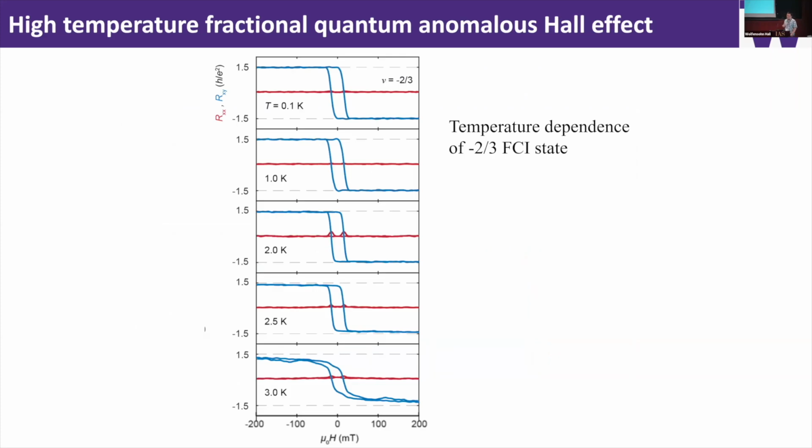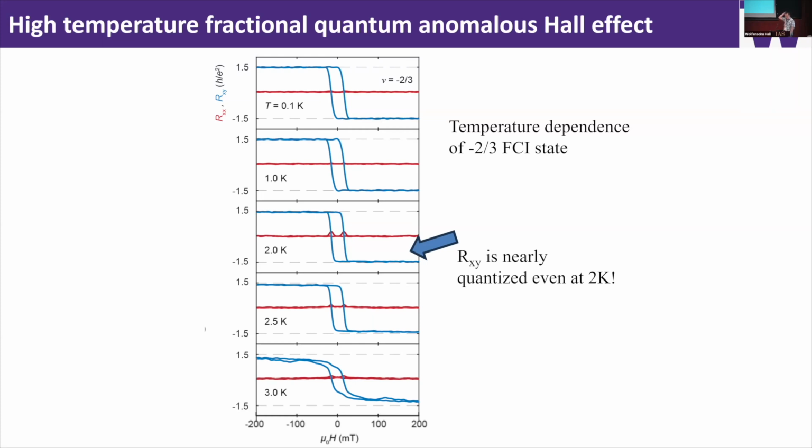One of the important features of the system is that the energy gap of these FCI states is really large. What I show you here is the measurement of Rxx and Rxy as a function of temperature, from 100 millikelvin at the top all the way to 3 kelvin at the bottom. I would like to emphasize that even at 2 kelvin, Rxy is still nearly quantized and Rxx is suppressed.